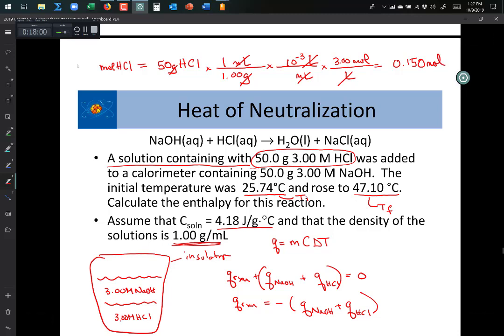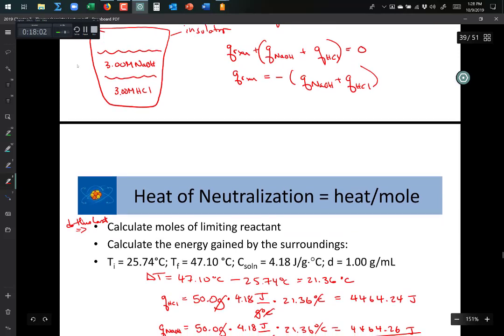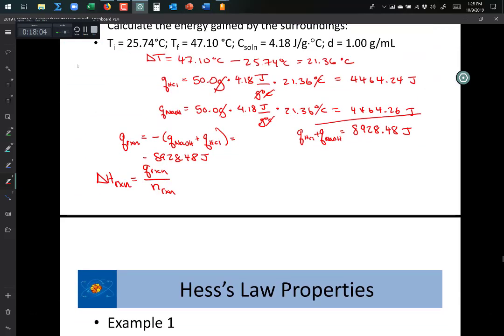So that's one of my limiting reactants. And I'll go down here. And I'll go 8928.48 joules per 0.150 moles.